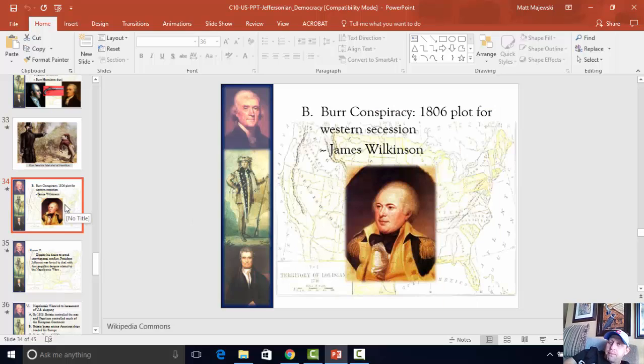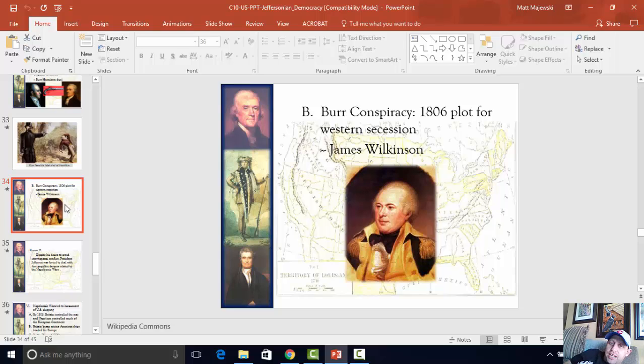Burr kind of went off the deep end, I will tell you that, because of all of this, the plot he was involved in, and he lost favor with Jefferson because they had very different political views. Jefferson chose not to name him as the vice president in 1804. He went with Madison instead. Burr kind of freaked out, ended up being involved a little bit in this Essex Junto before exposing it. Then Burr is on the run.